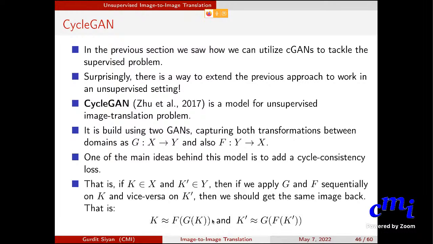So we do that for both generators. We take x, map it to y, and then map it back again to x, and we want them to be approximately similar. We introduce this equation as a loss. So also for the other generator.